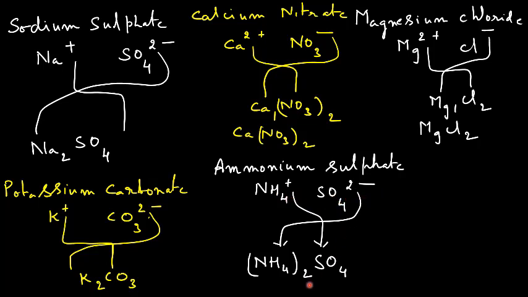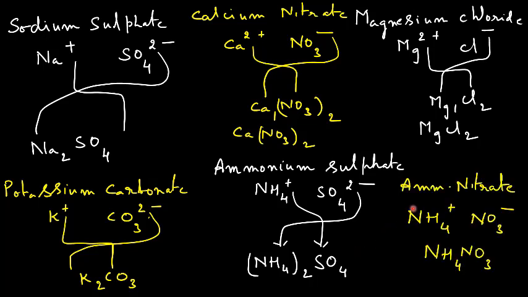Therefore, this 2 should come here, this 1 should come here. The 1 is not necessary to write. Since it is a polyatomic cation, this 2 should be kept while taking the bracket. Therefore, (NH4)2SO4. This is read as NH4 twice SO4. Ammonium sulfate.